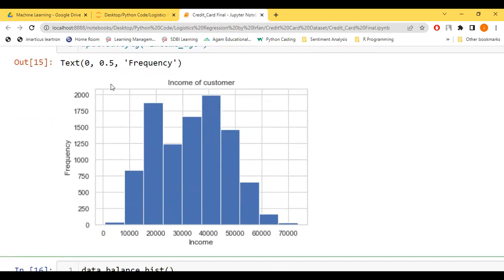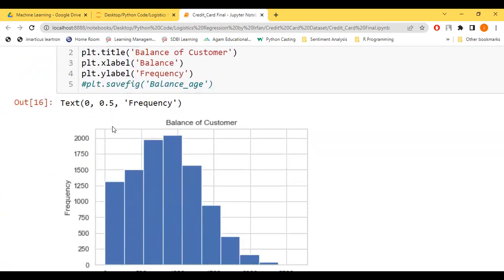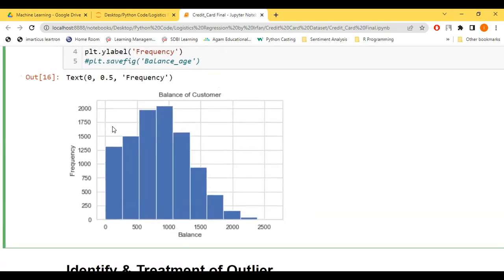Normal or skewed? Normal, close to normal, not 100%, but close to normal. Same I've done for balance. Check for balance. It looks slightly skewed. So balance is slightly skewed, but your income is not.